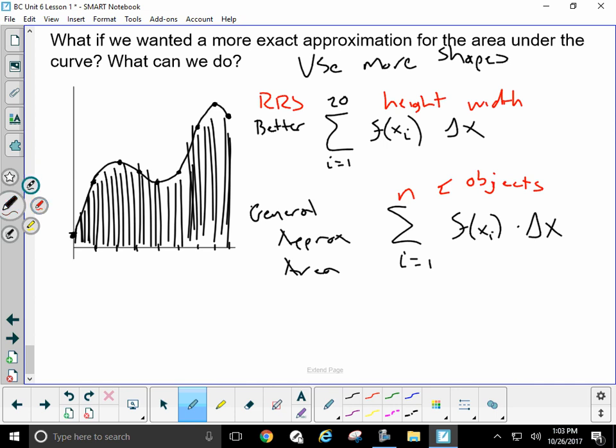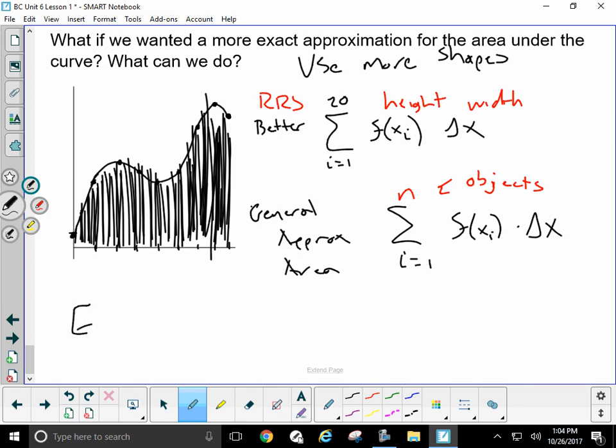Now, that's going to give me such a great approximation that the more and more I use, the better and better approximation until we are essentially approaching the exact value, right? And we're approaching a value, we will actually almost like practically get there. We will get to the exact value, okay?